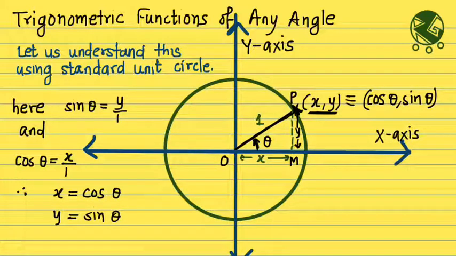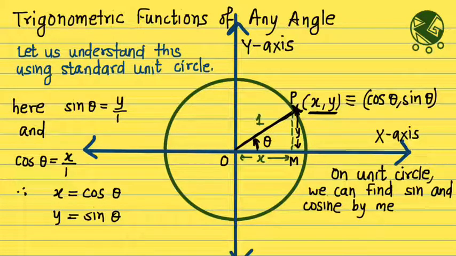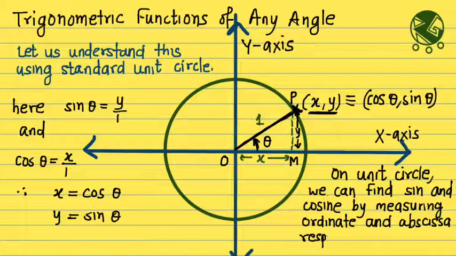That is going to be useful for us to study trigonometric ratios in a simpler manner and solve problems efficiently. So on the unit circle, we can find sine and cosine by measuring the ordinate and abscissa, that is the y coordinate and x coordinate respectively. I hope you understood this. If not, just go through this portion again and think about it.